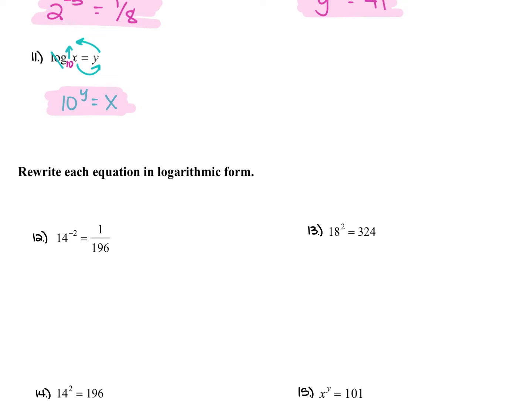So for 12, we're going to have 14 to the power of -2 is equal to 1 over 196. So this is going to give us log 14 of 1 over 196 is equal to -2. So that 14 drops. Your -2 becomes your power. Your fraction becomes the number after your log.